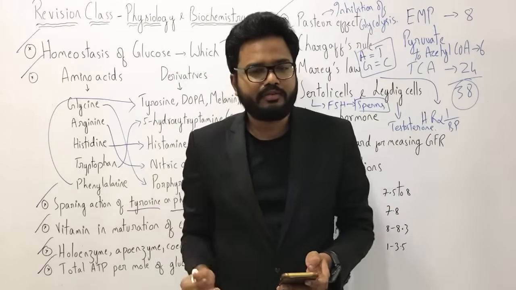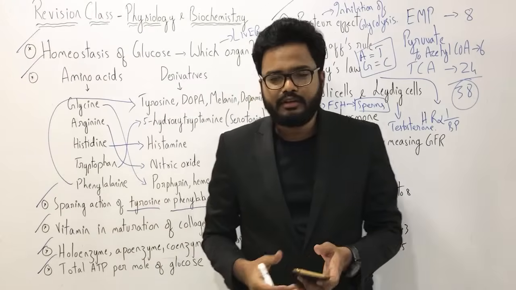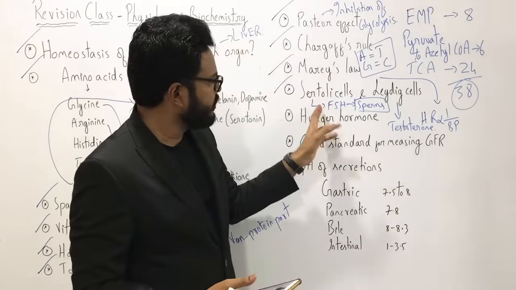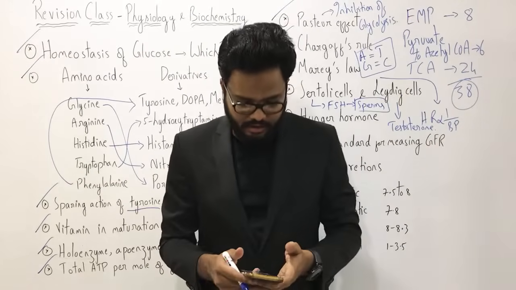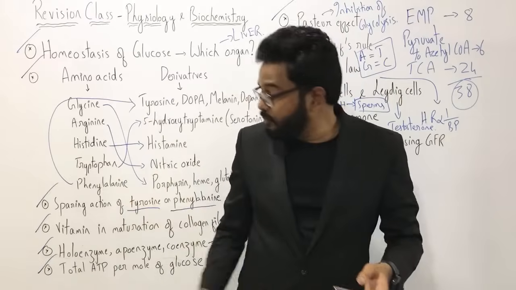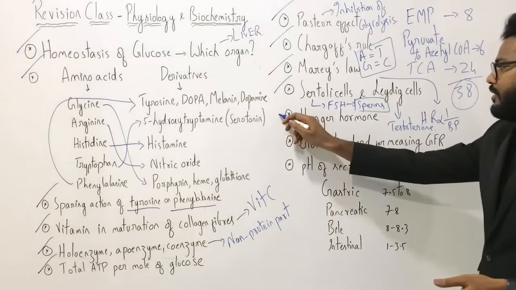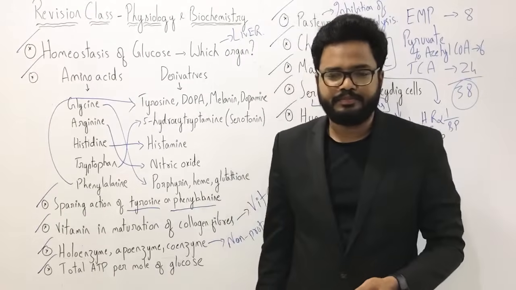So consider this very important and just get familiarized with these facts. Good. So even the hormones are very important. Sertoli cells, follicle stimulating hormone, Leydig cells, luteinizing hormone. Okay. Now let's move on to the next question, which is called as hunger hormone.